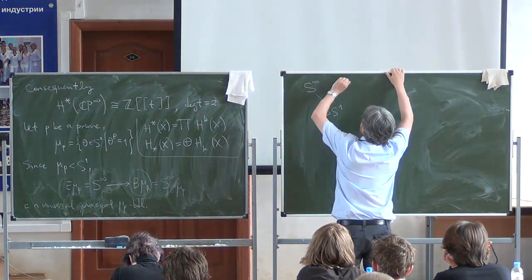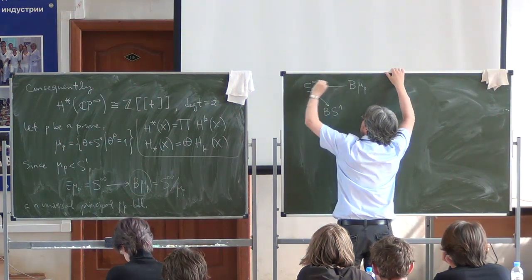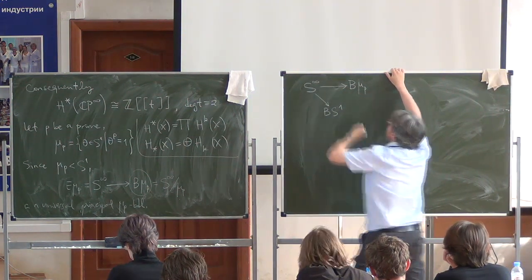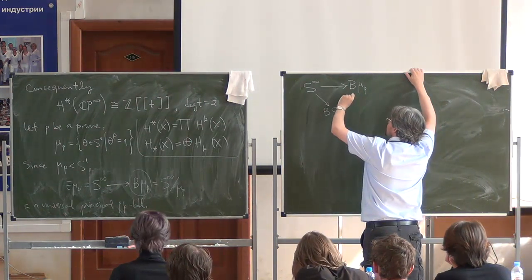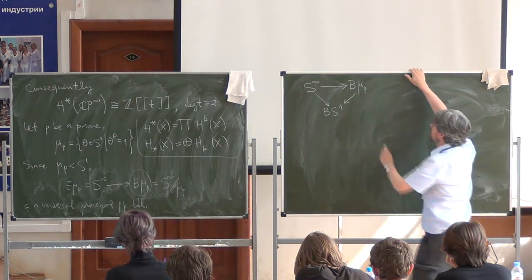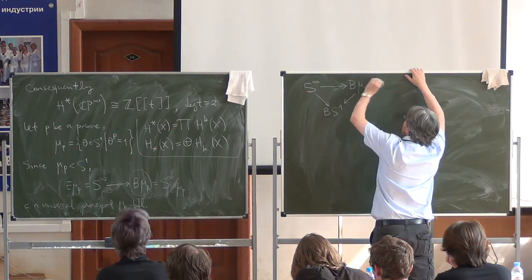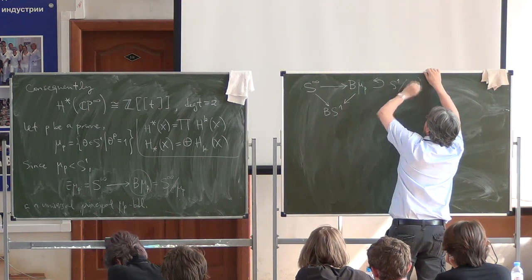And now we have the quotient to the classifying space of mu p. But then, of course, you have what's called a residual action. Here you have an action of S1 quotient by mu p.